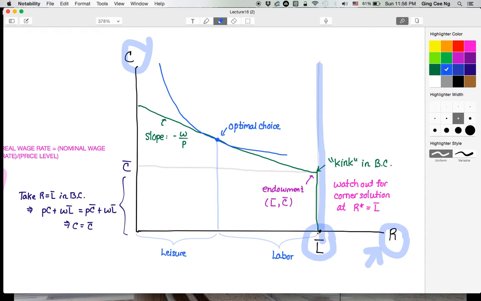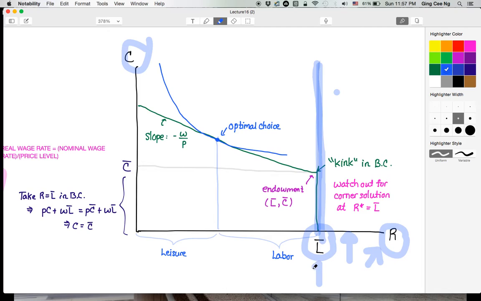So there's a sense in which this time constraint puts a ration on how much leisure you can consume. It puts an upper bound. If there's only 24 hours to a day, you can't consume 30 hours of leisure.